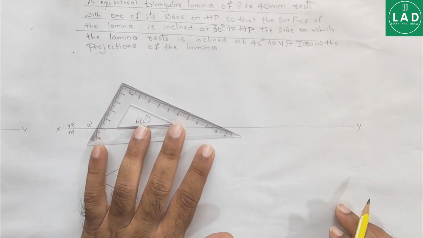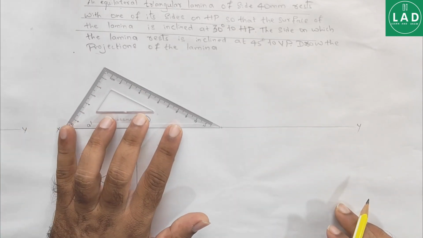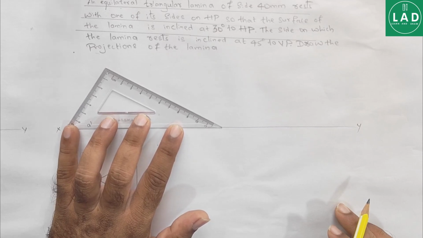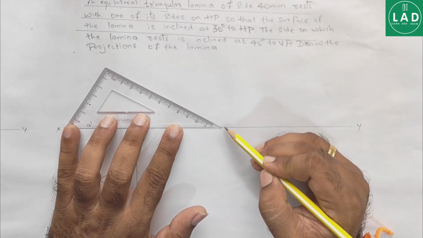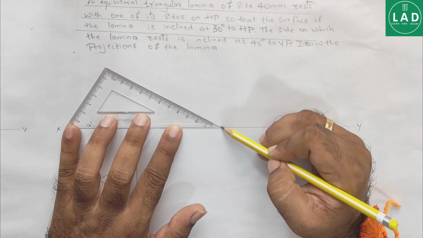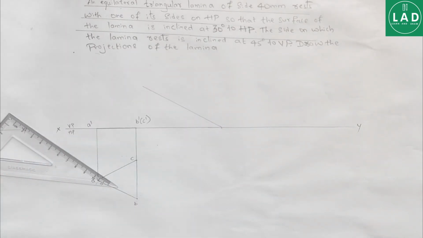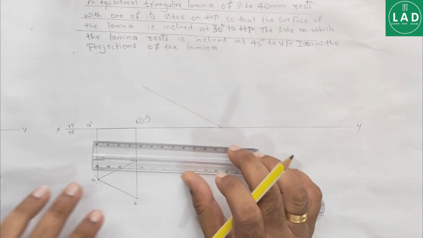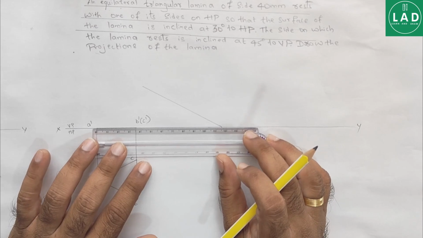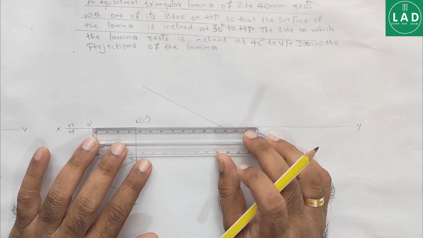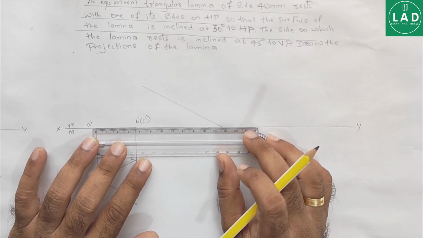So from here I have taken the set square to draw an angle of 30 degree. You can also use a protractor to draw the 30 degree. Here I used the 30-60 degree set square. Let's measure the distance A dash B dash, which is 3.5 centimeter.